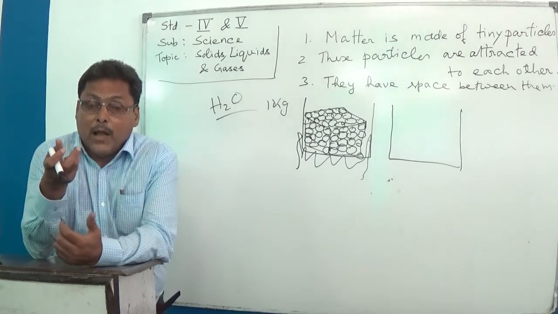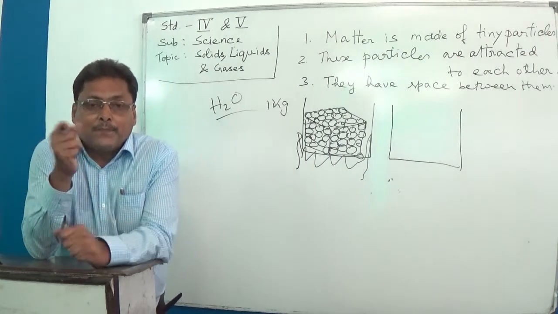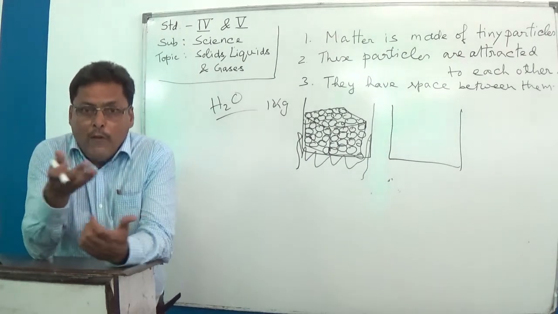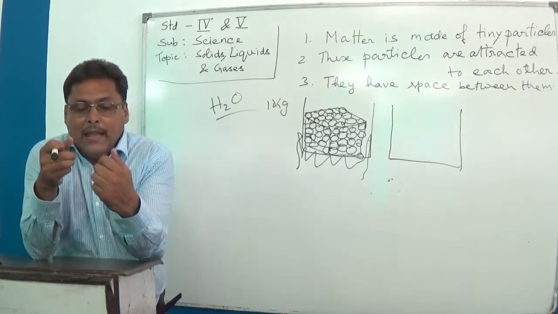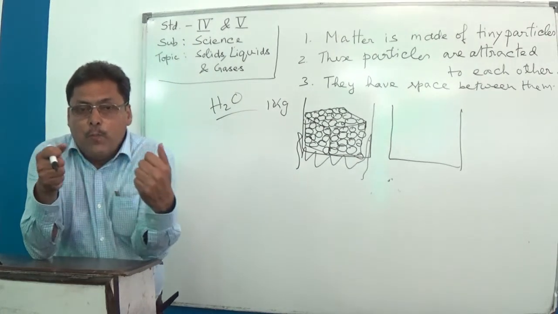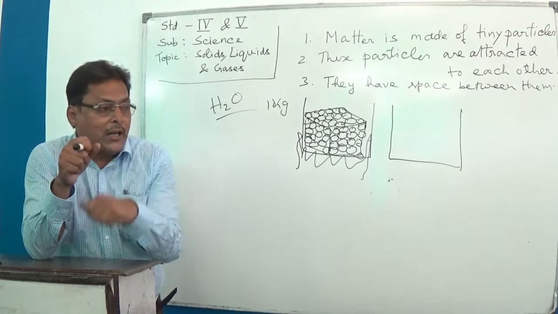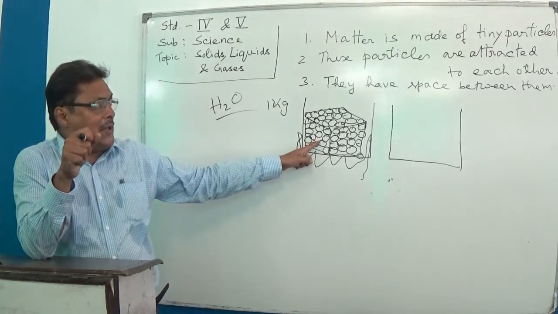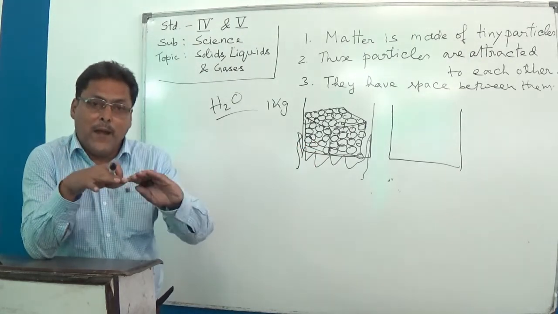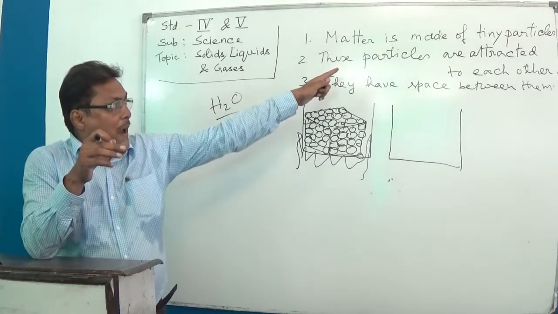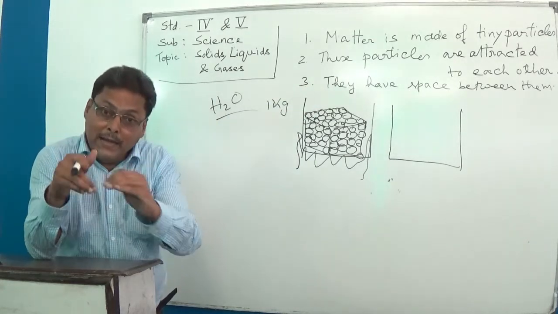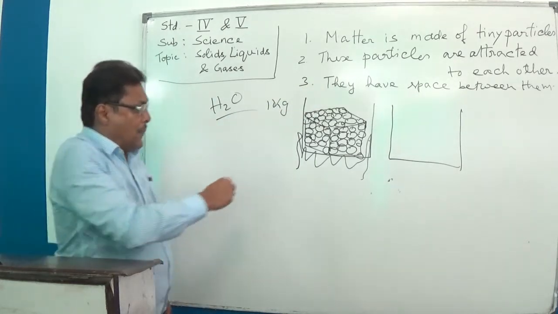So they are becoming a little more energetic. They want to move away and they try to break away from each other, because now this extra energy is breaking down the force of attraction that bound them together. What happens then?